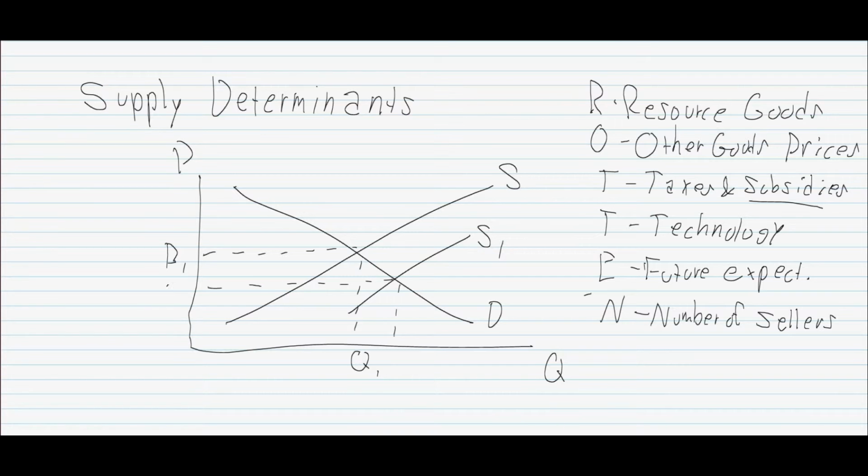When supply increases, the price decreases, and the quantity increases. By the way, notice this. When supply increases, look at the equilibriums. They're both on the demand curve. So look at that. It's a movement along the demand curve, and what did we say that meant? A change in quantity demanded. So since the quantity increased, it's an increase in quantity demanded.